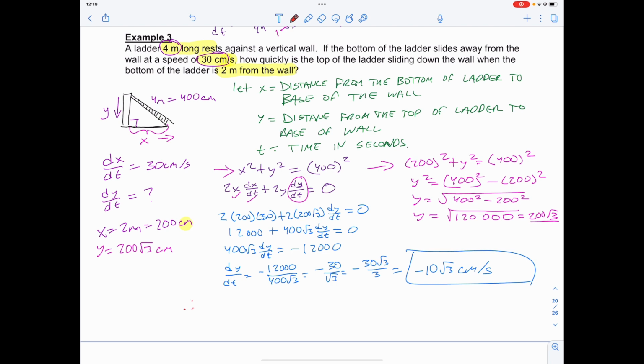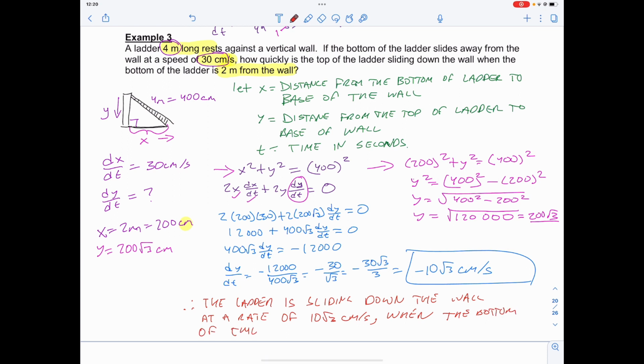And I'm going to say, therefore, the ladder is sliding down the wall at a rate of 10 root 3 centimeters per second when the bottom of the ladder is 2 meters from the wall.